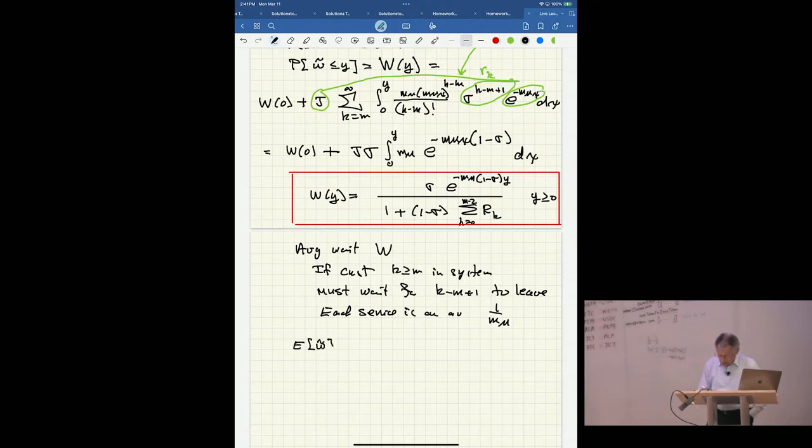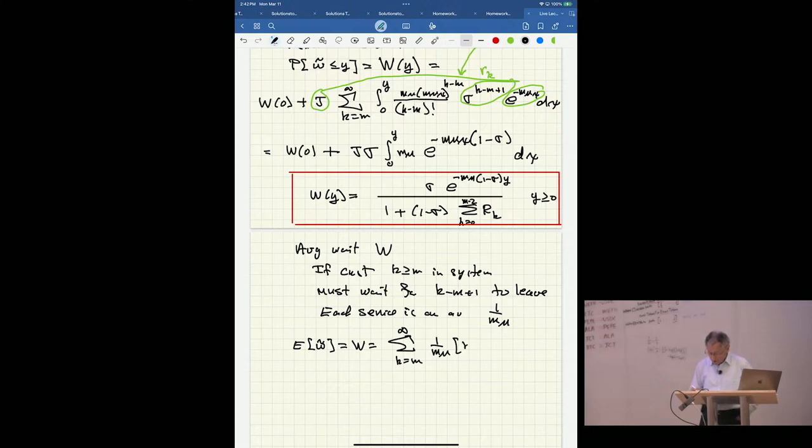So sum of all cases, the expected value of the random variable waiting time, which we denote by capital W, is equal to the sum of all values of k from m to infinity. How many do you find busy? 1 over mu is how much each one takes, and how many have to go?